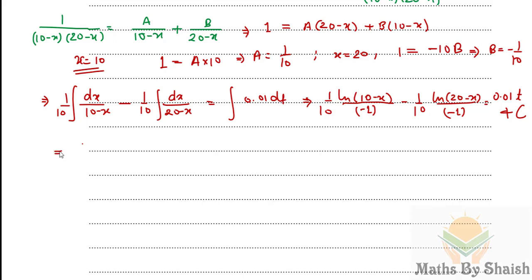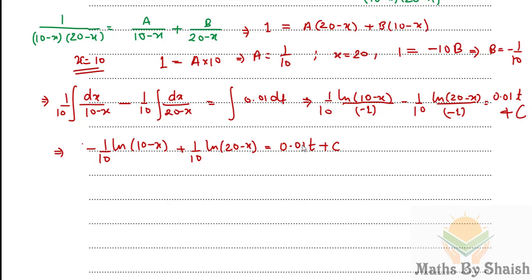Now we can rewrite it as −(1/10) ln(10 − x) + (1/10) ln(20 − x) = 0.01t + c.